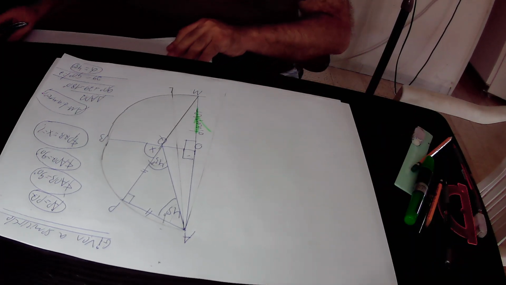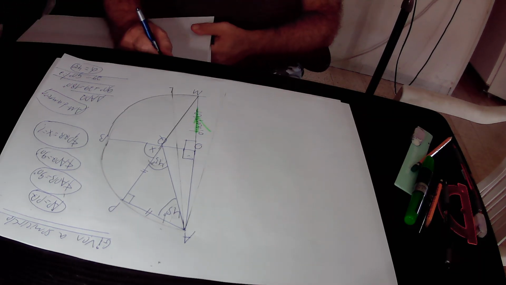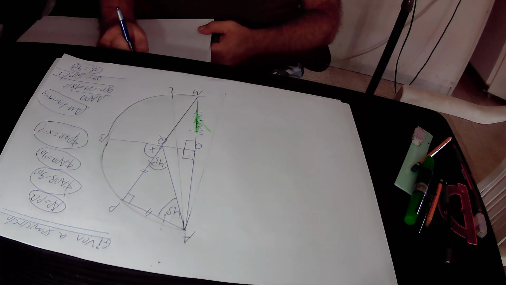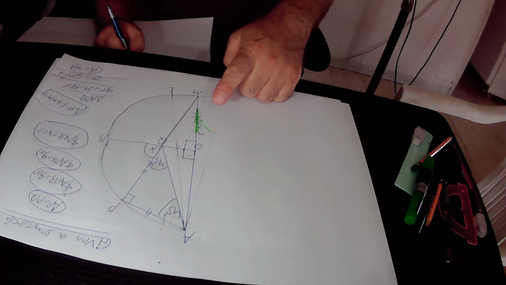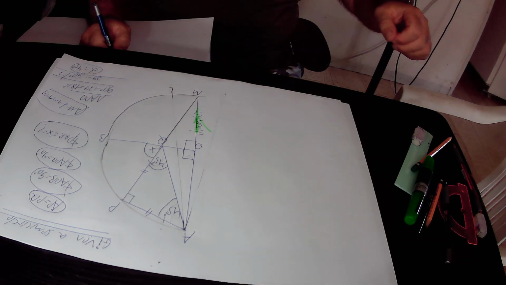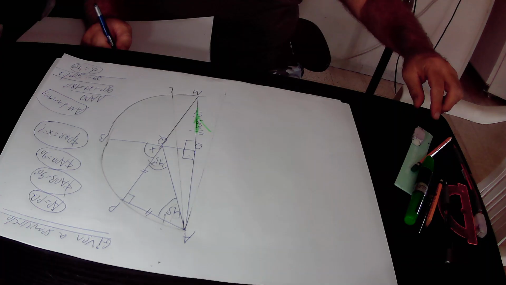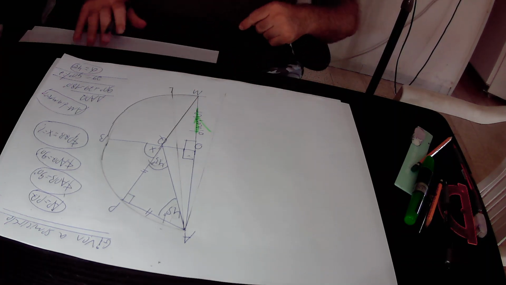We prove that the upper right triangle AOQ can go to the lower right triangle OQM according to side angle side rule. So why can those two triangles go into each other?